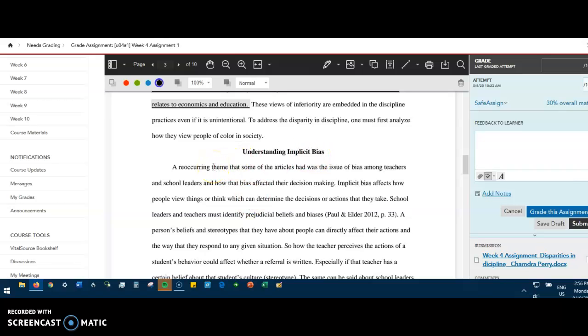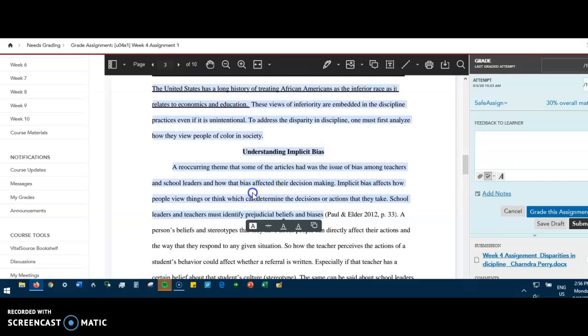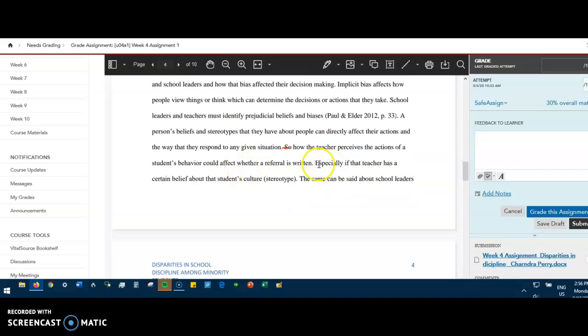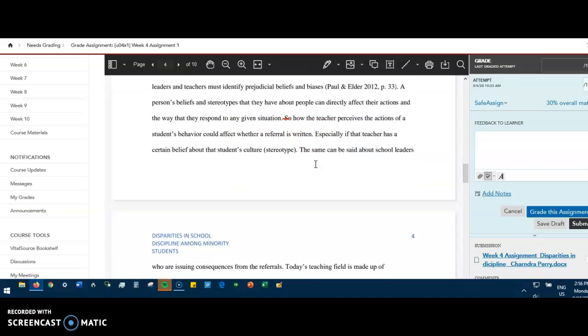This is good. A recurring theme in the research is bias among teachers, implicit bias. So you begin by discussing exactly what that means, and you're drawing from our readings for this week. That's a good thing. So again, how the teacher sees the actions of a student's behavior could affect whether referrals are written. That's something you want to research exactly.